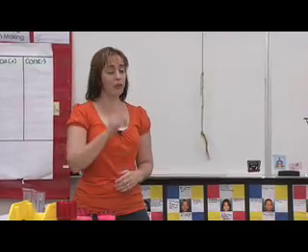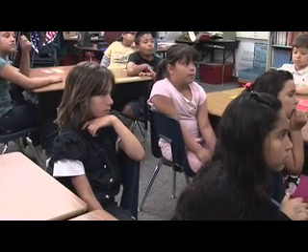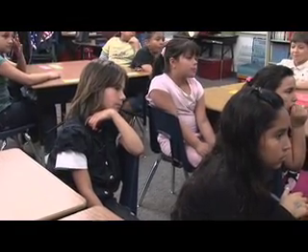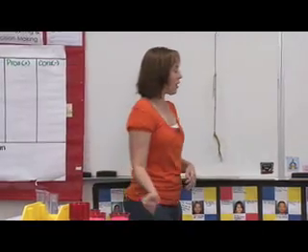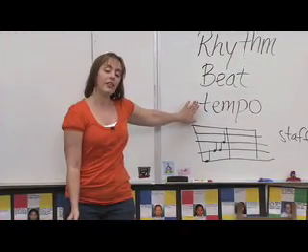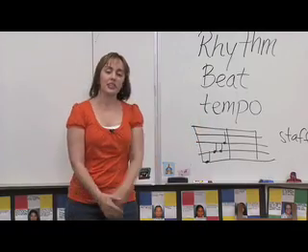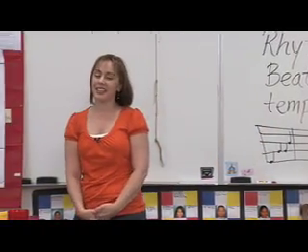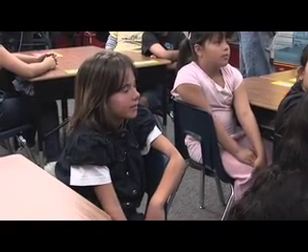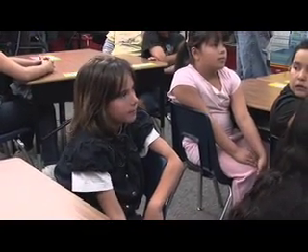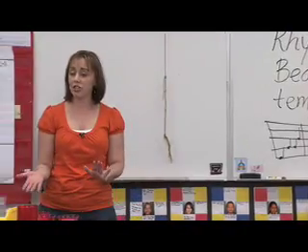Yes. All right. The first 1, 2, 3, 4 I give you tells you two things. First, it tells you when to begin. And second, it tells you that word that we talked about before, the tempo. Can someone remember from maybe about five minutes ago what tempo means? Brianna? The speed. That's exactly right. The speed, how fast or how slow.